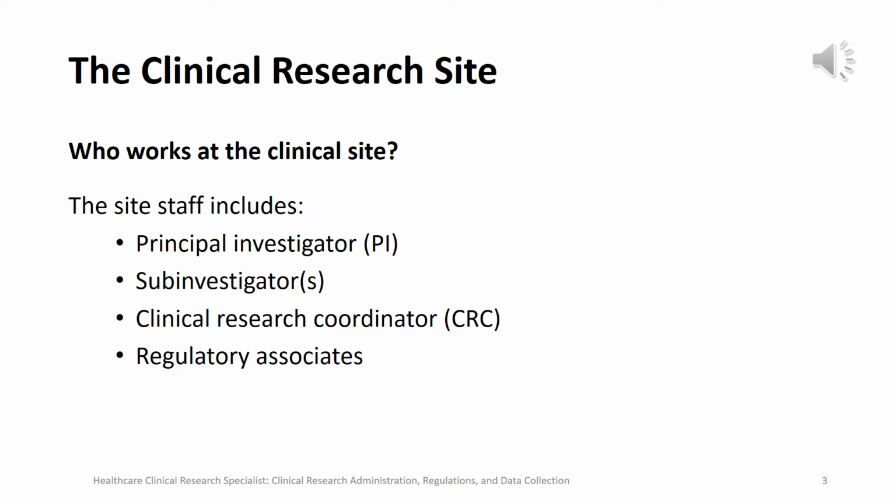They'll schedule subjects to come in, perform some of the procedures that are done, take care of the necessary paperwork and things like that. And then finally, you're going to have regulatory associates. They may be part of a larger organization that conducts or adheres to the regulatory issues that are associated with that site. And not every site is going to have these, but many of them will. And we'll discuss those in more detail.